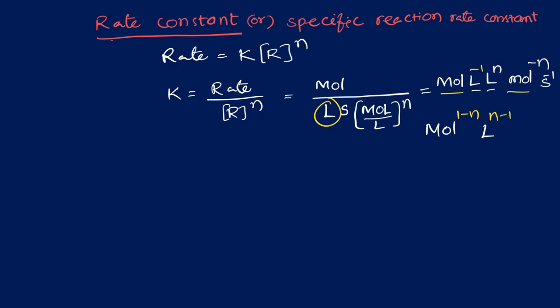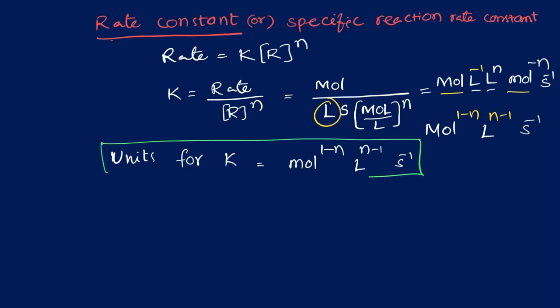And next, second inverse. So units for k, in general, are mole 1 minus n, liter n minus 1, second inverse. Very important, this is the rate constant unit.